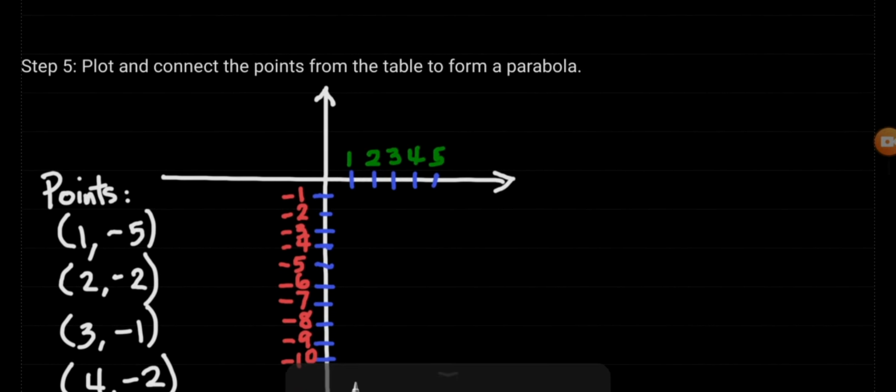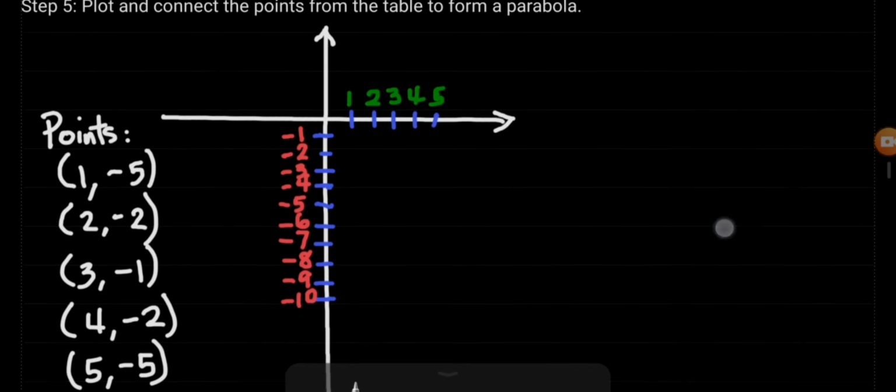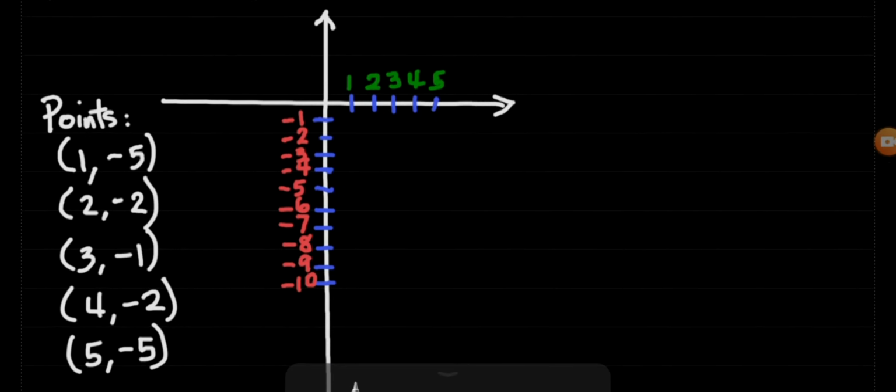For step 5, we will plot and connect the points from the table to form a parabola. So we have here the points: positive 1 and negative 5. So this is the point.